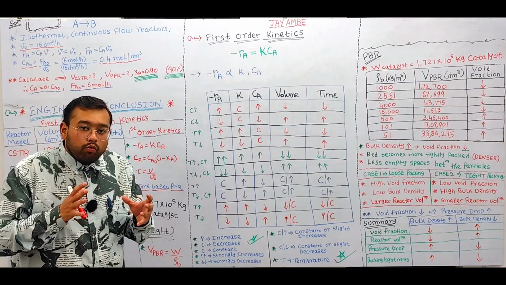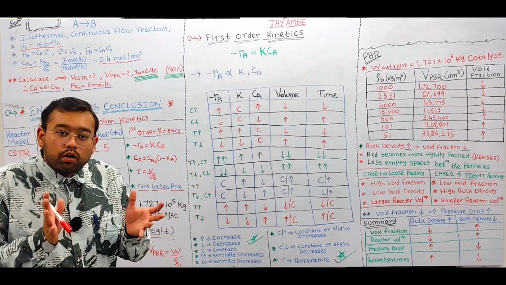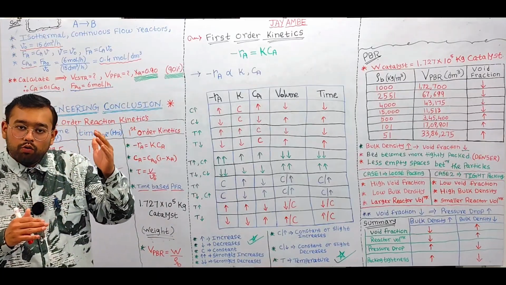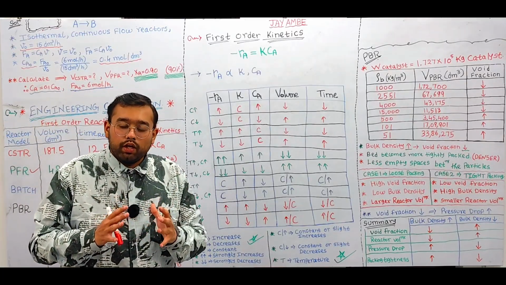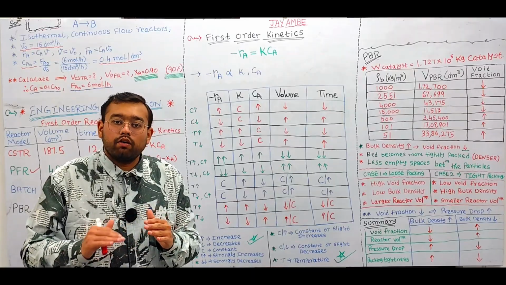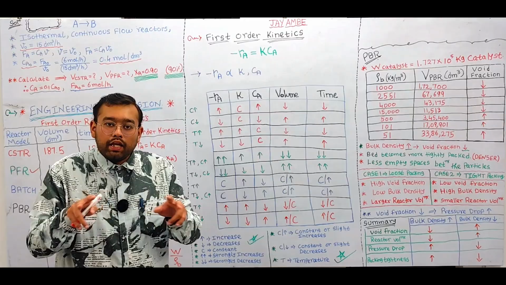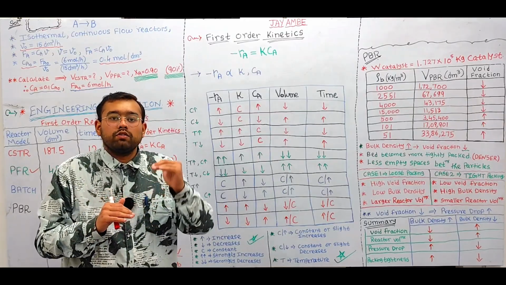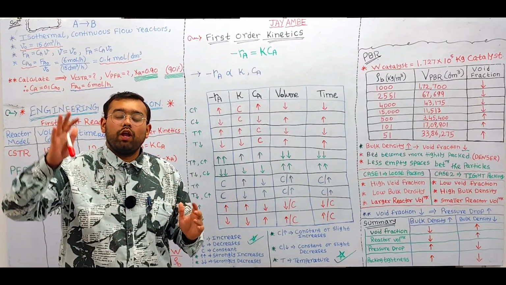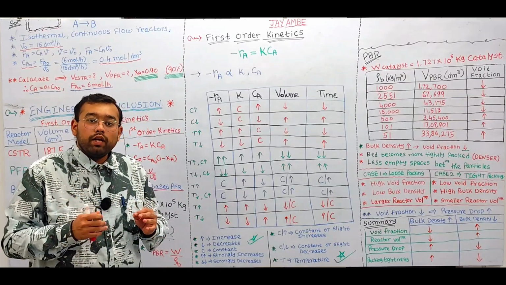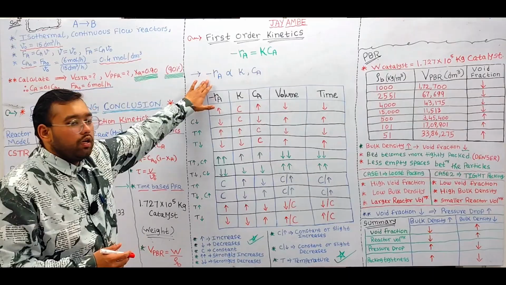Which means we will require a very small reactor volume, because of the increase in the rate constant value and also the simultaneous increase in the concentration of the reactants present in the reaction environment. The simultaneous increase in both the rate constant value and the concentration value results in a strong increase in the reaction rate, right?